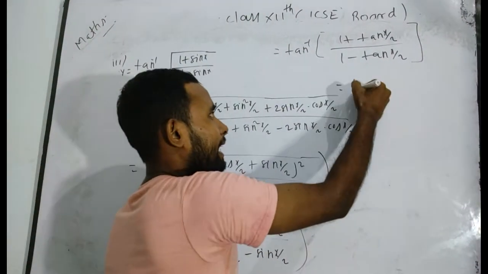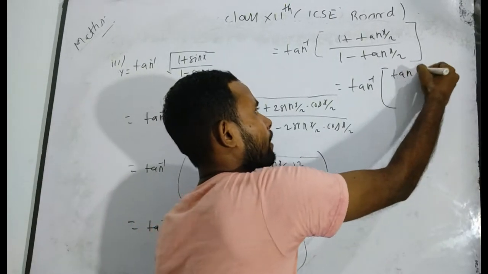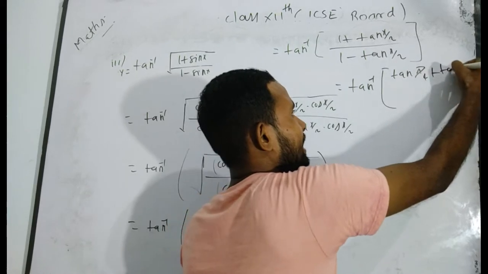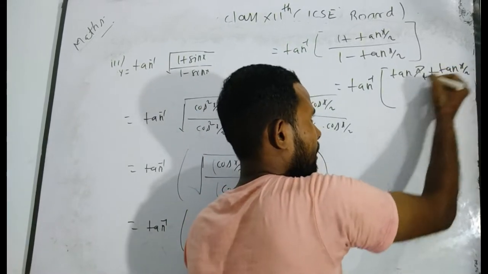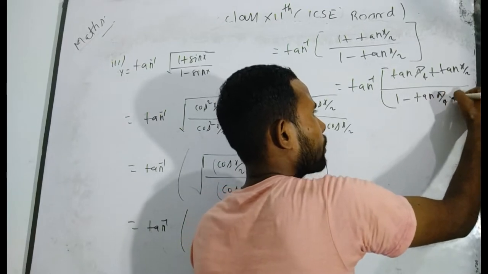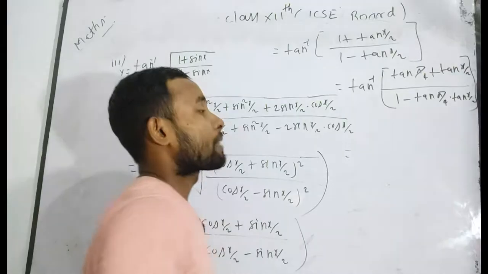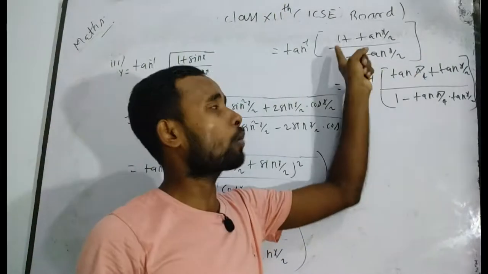Now again, can I write here tan inverse, in place of 1, tan pi by 4 plus tan x by 2 divided by 1 minus tan pi by 4 into tan x by 2. You will ask me, sir, how do you write it? Simply, as you know that tan 45 degree is equal to 1.